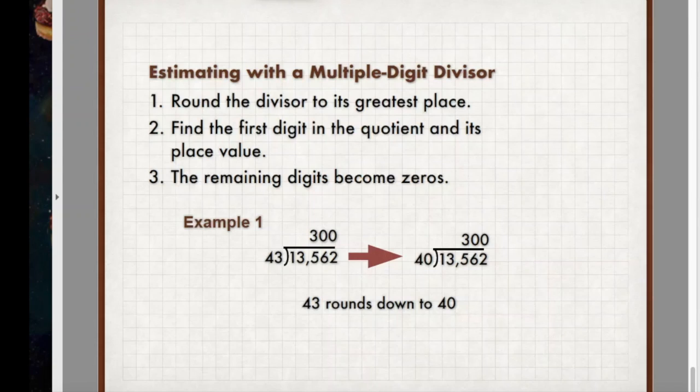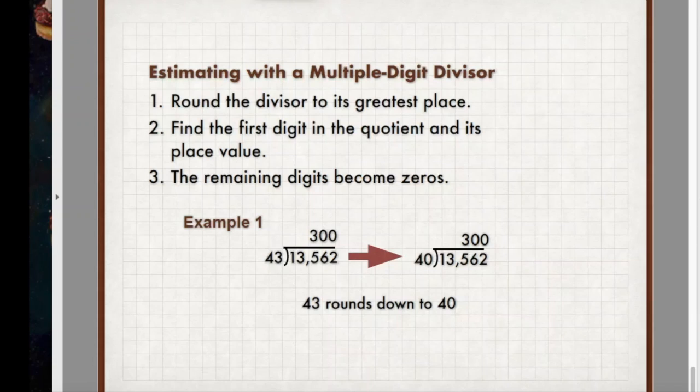Now, estimating with a multiple digit divisor, we're first going to round the divisor to its greatest place. So in this case, 43 into 13,562, I'm going to take the divisor, 43, and round it to its greatest place. 3 is under 5, so I'm going to round it to a 40. 40 into 1? No. 40 into 13?